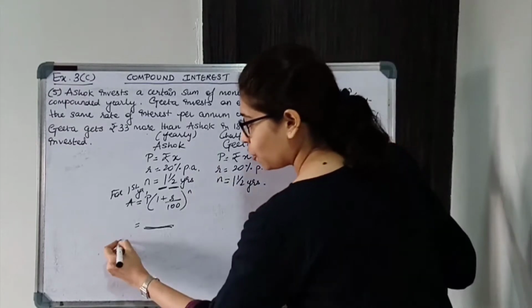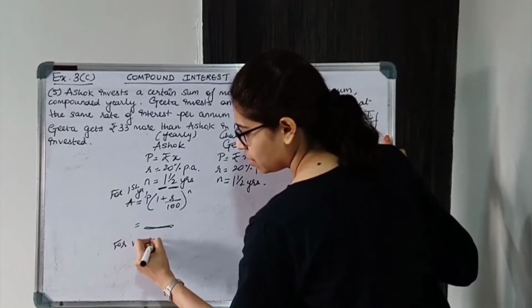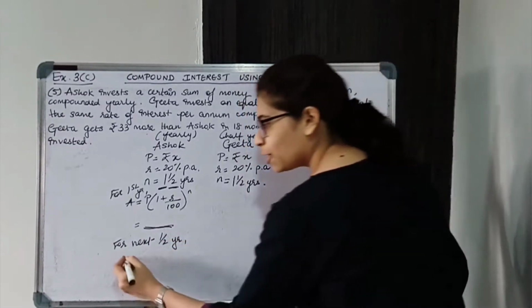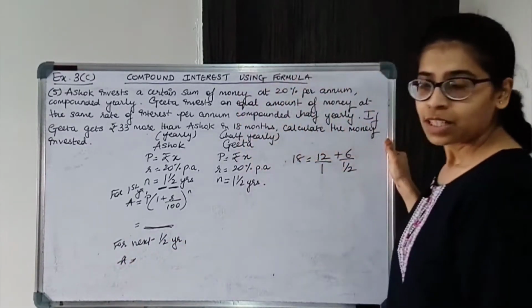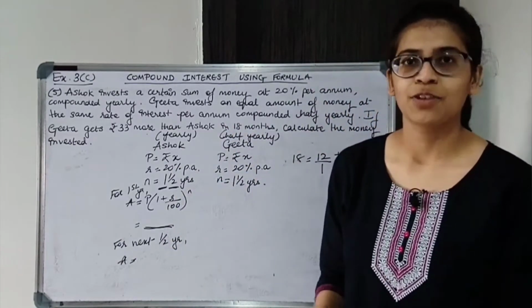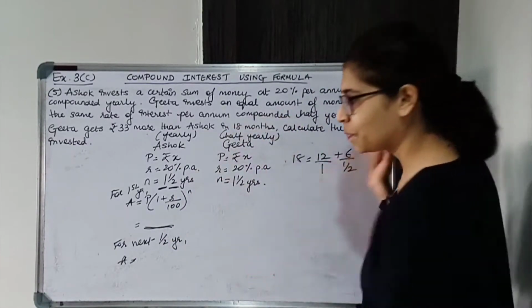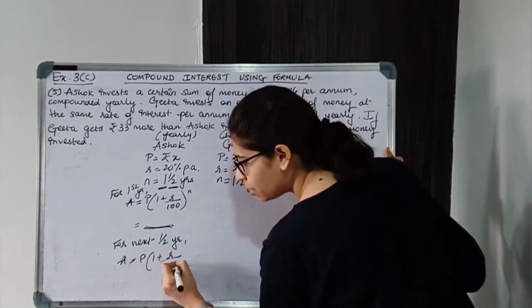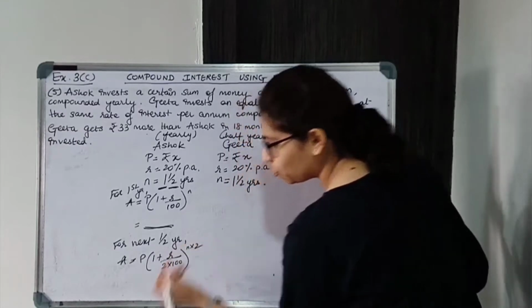So for next half year, what will be the formula for amount? It is half year, so rate of interest becomes half. So you'll multiply n by 2. So the formula will be P into 1 plus R upon 2 into 100 raised to n into 2.